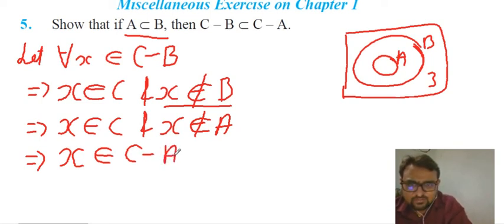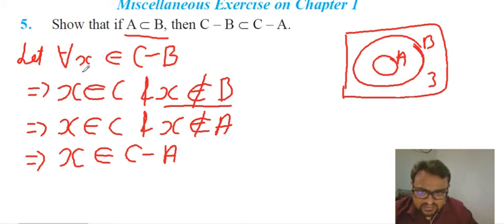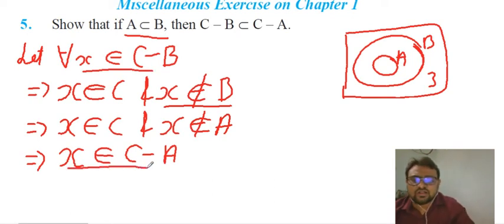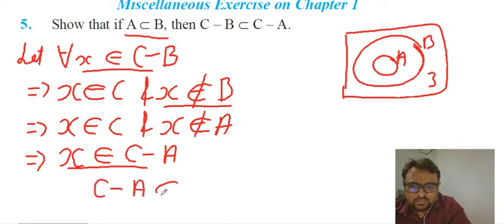So that means if A is a subset of B, then for every X belonging to C minus B, that X will definitely be there in C minus A. So all the elements of C minus B will be there in C minus A. That means C minus B is a subset of C minus A. Clear?